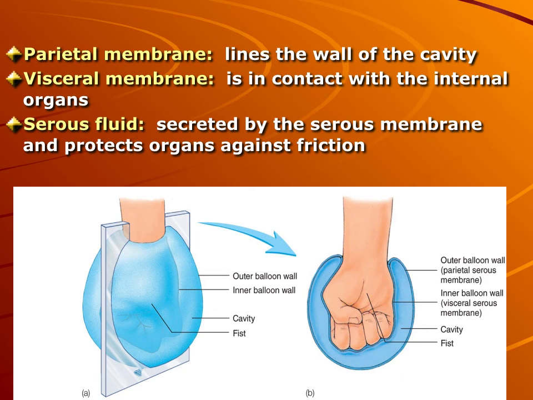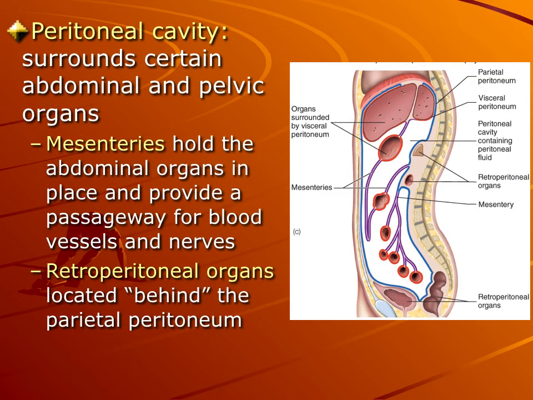These membranes secrete fluids to help protect the organs. Those are serous fluids. Okay, here's another picture of the abdominal cavity with the membranes shown. So this is a sagittal view, and so you can see the membranes are wrapping the organs and holding them in position.